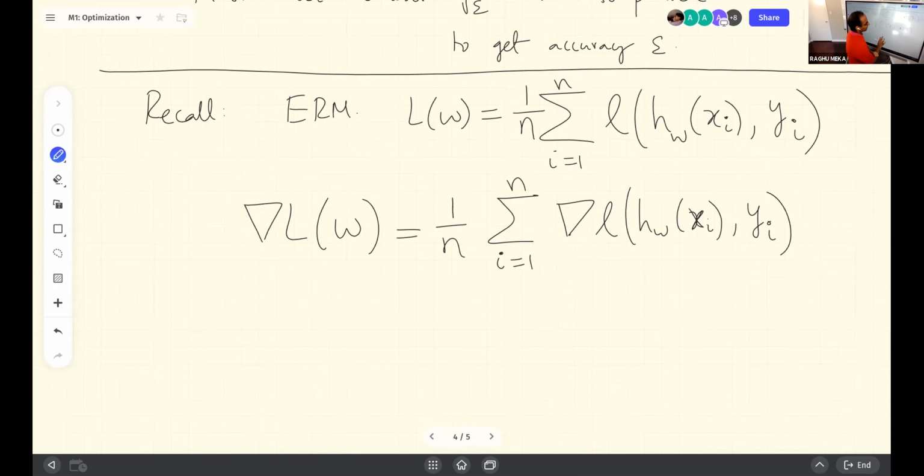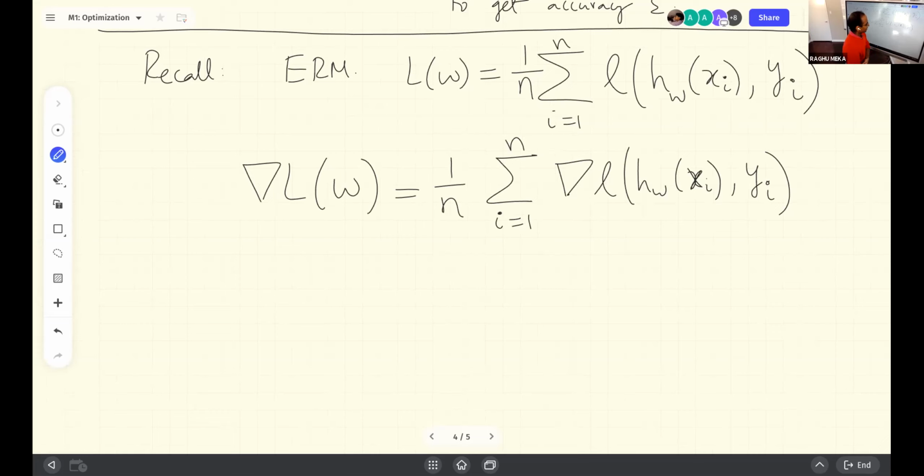And now I can even use the chain rule. Recall the loss function is just a bivariate function, from R times R to the real numbers. So if you want to use the chain rule, what would I get here?